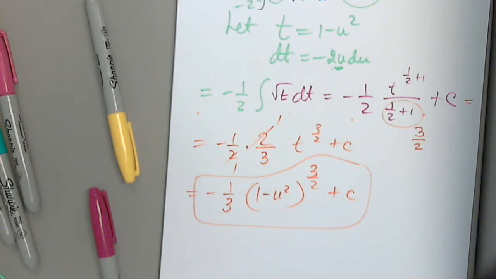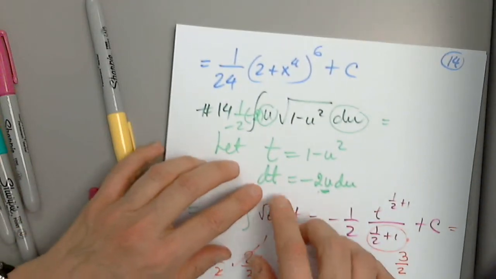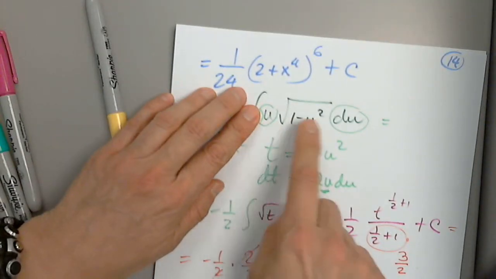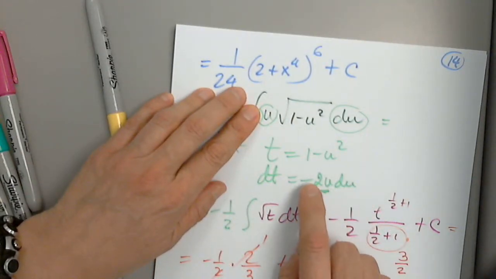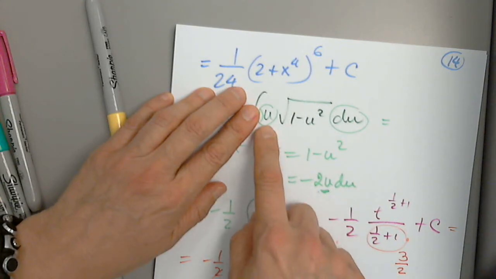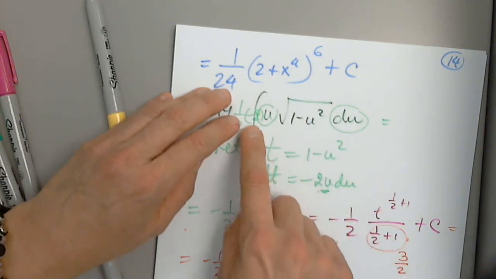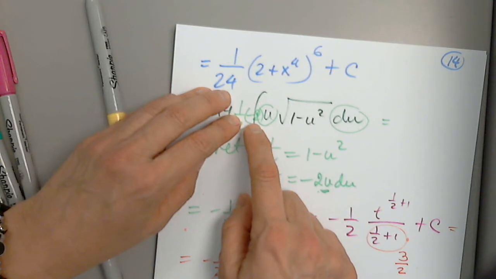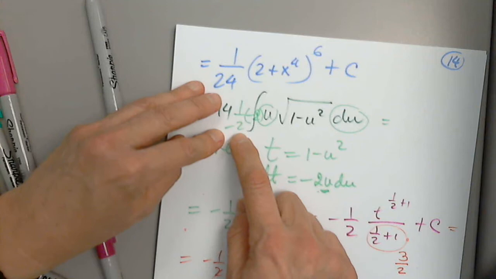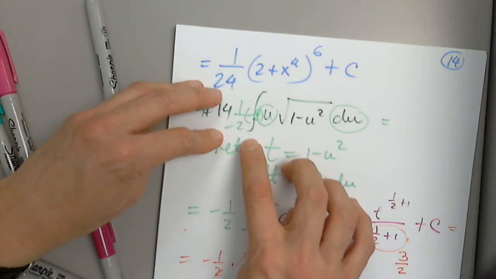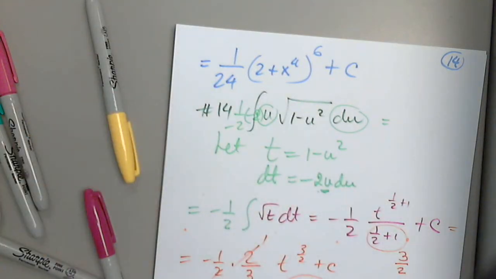Yes, Ricky, go ahead. Why did you put -1/2? Because, see, dt is not just u du, it is -2u du. So I have to have a -2. It's like I'm giving you -2 and I'm dividing by -2. So multiplying the top by -2 and dividing, or multiplying the denominator by -2, will not change anything.